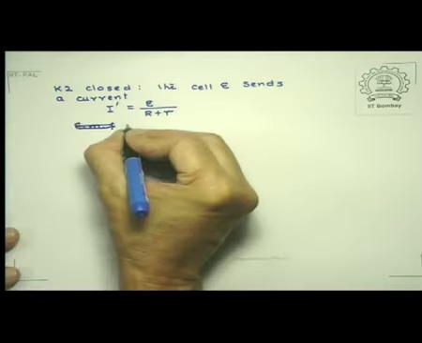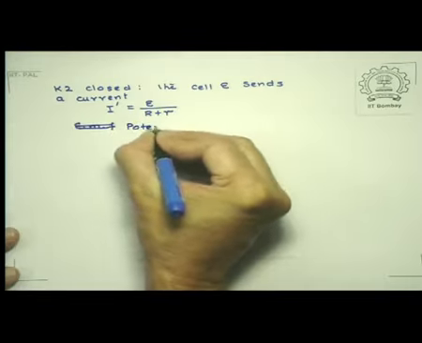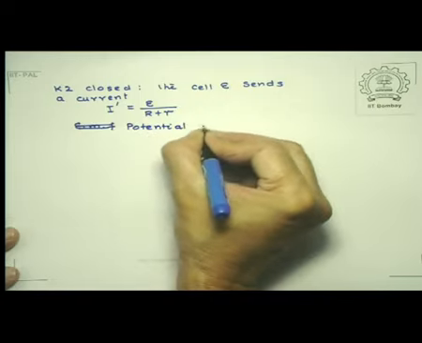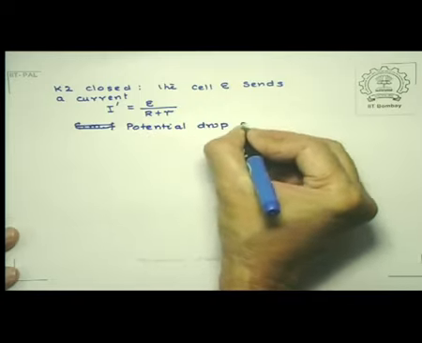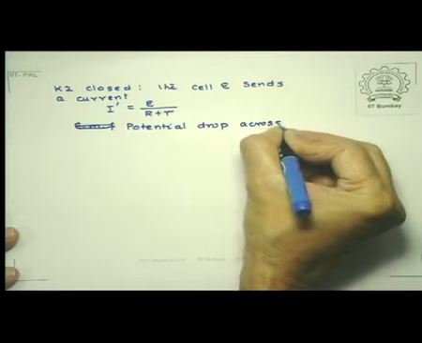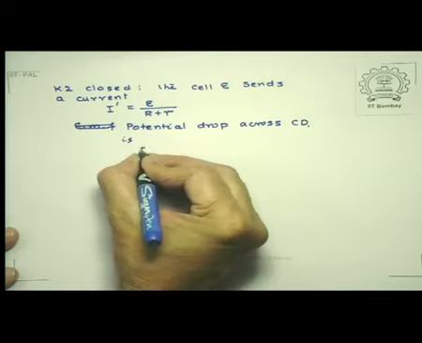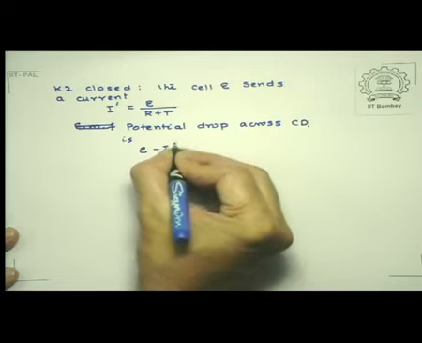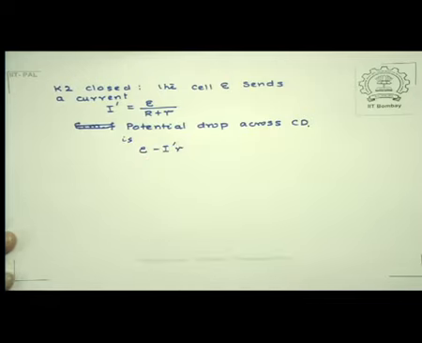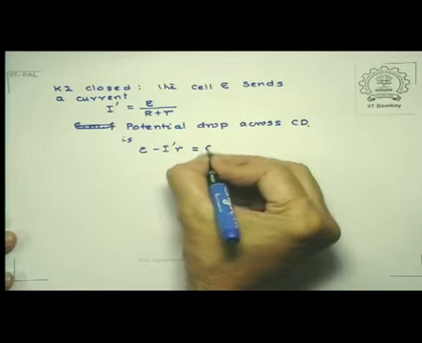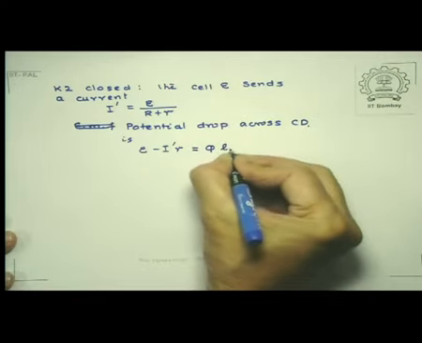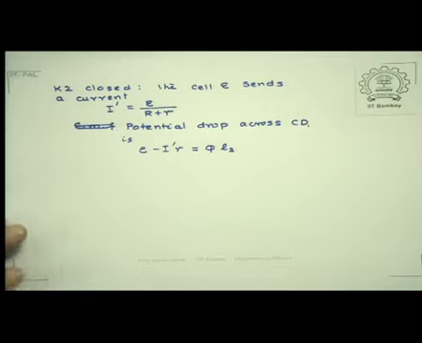So therefore the potential drop across CD is E minus I prime r, and that must be equal to the gradient phi multiplied by L2, the distance at which I obtained a null deflection.